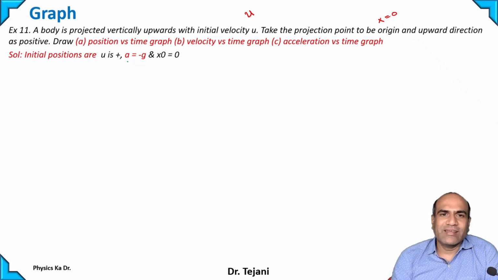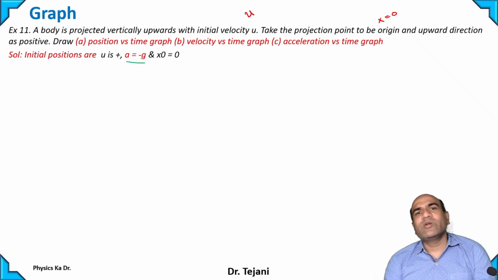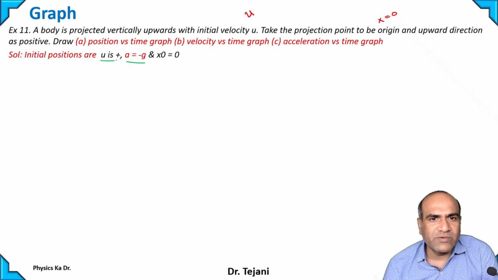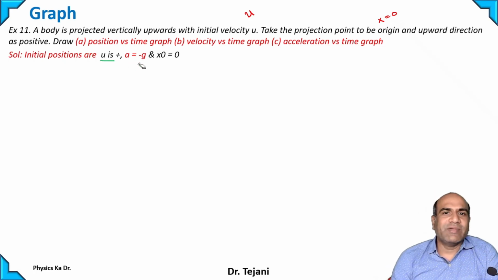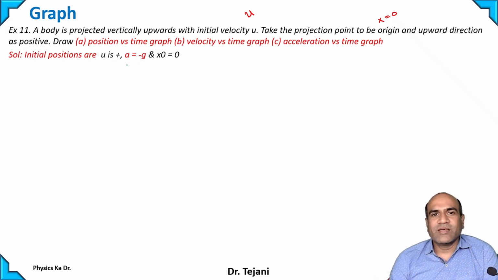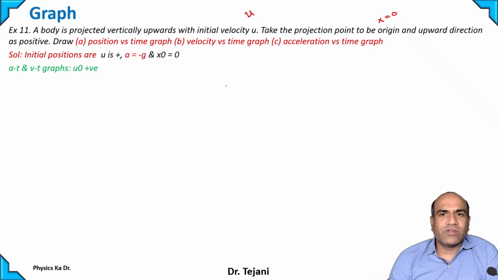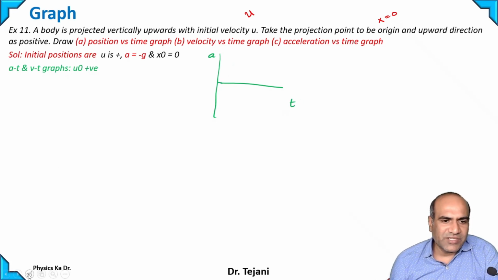We already studied this for the vertical movement of a body. So initially it has u, which is positive, and acceleration is negative. Fine. So now what do we need to find first? In the case of the acceleration versus t graph, acceleration is minus g.